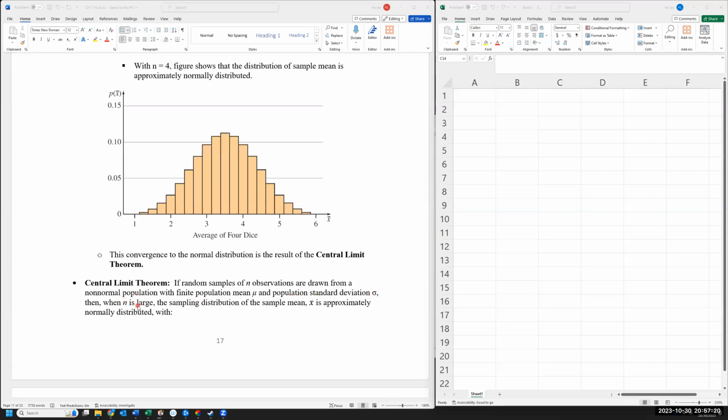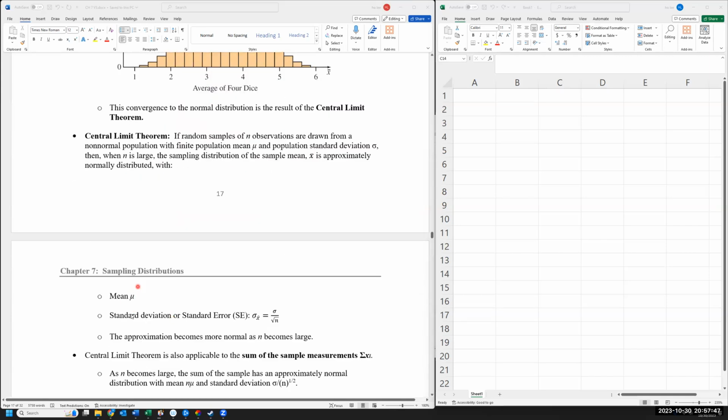Then when n is sufficiently large, meaning the sample size is sufficiently large, the sampling distribution of the sample mean is approximately normally distributed with the mean of mu and standard deviation, or the standard error of the sample mean, of sigma divided by square root of n.